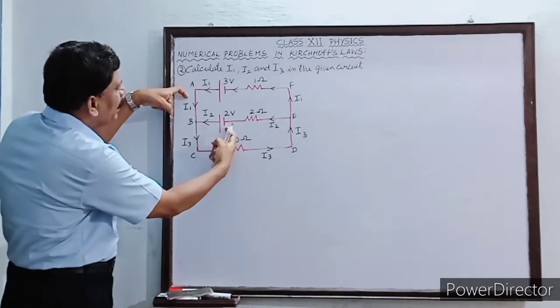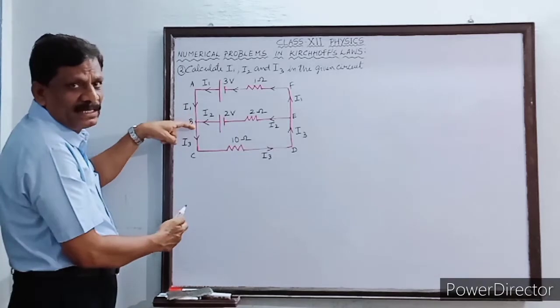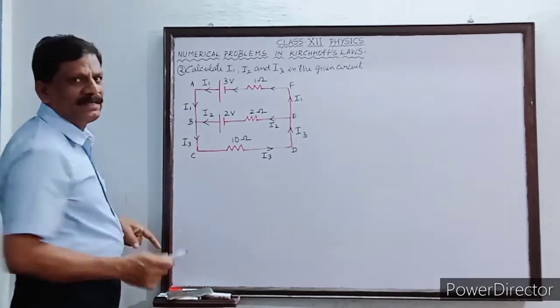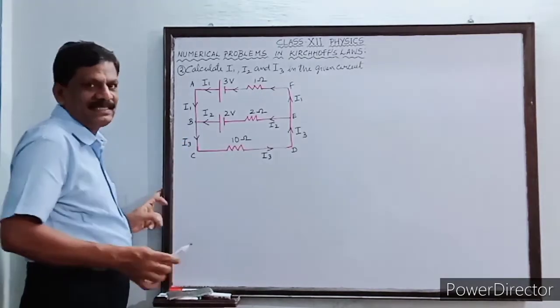Can you see that I1 and I2 are coming towards the junction B? At the same point, the current leaving the junction is I3. I3 is coming out of the junction.